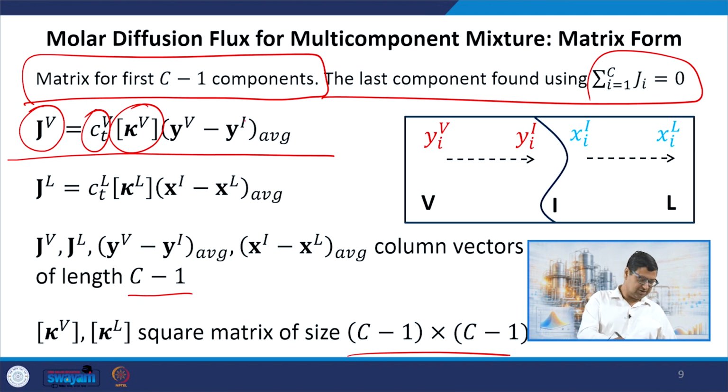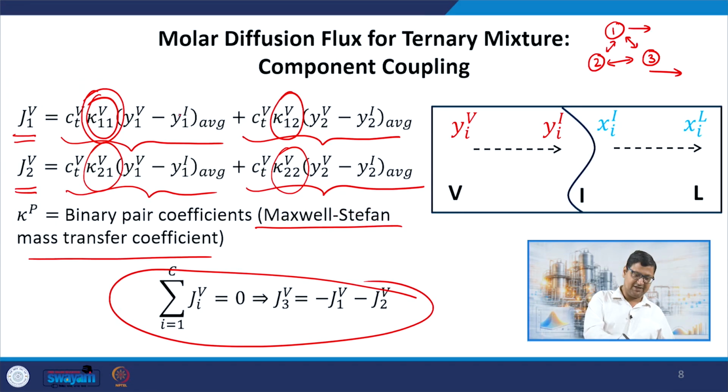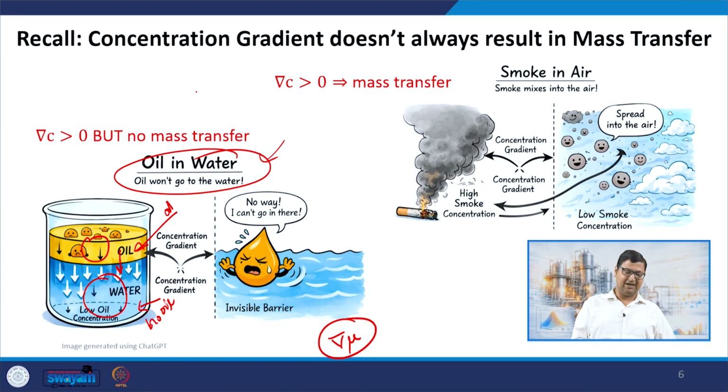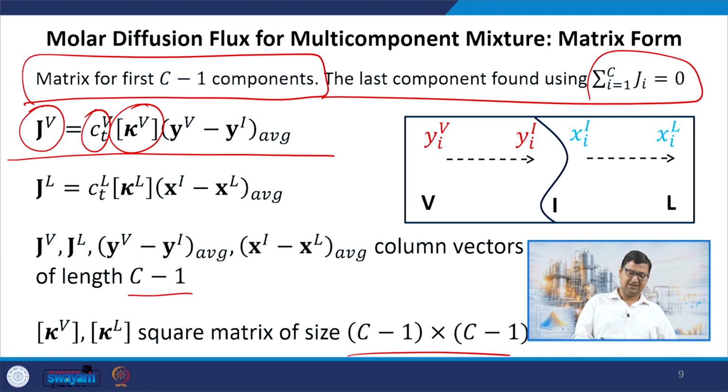And then again, instead of this y1v minus y1i that we had, now we have a general column vector like this.